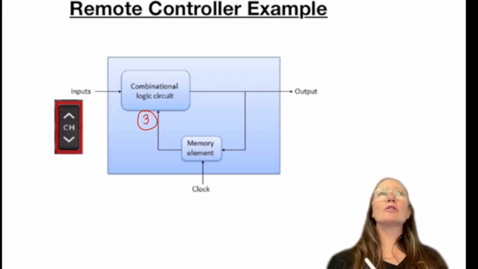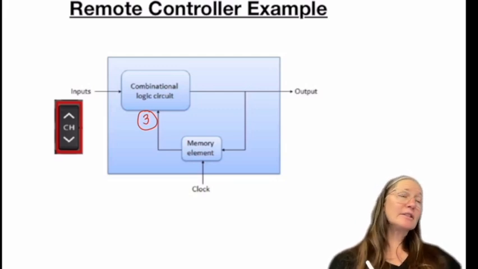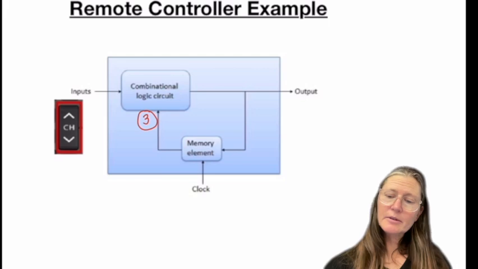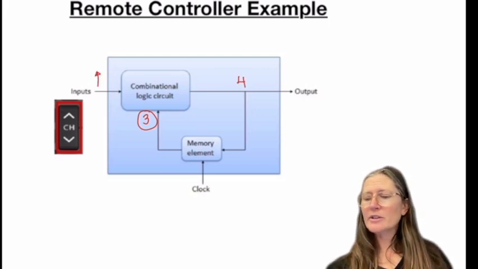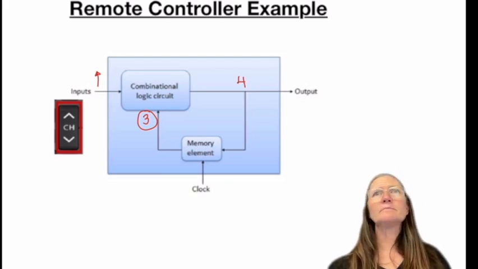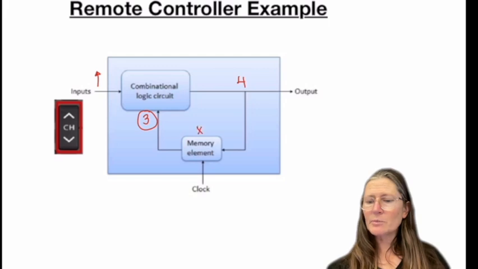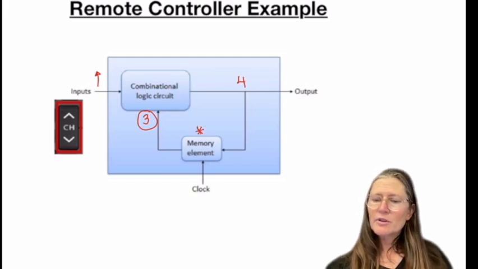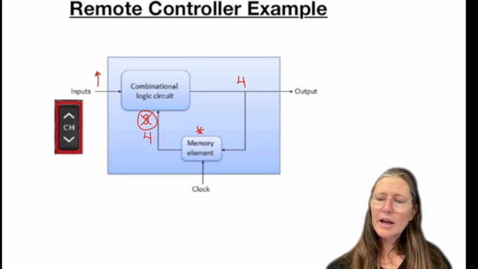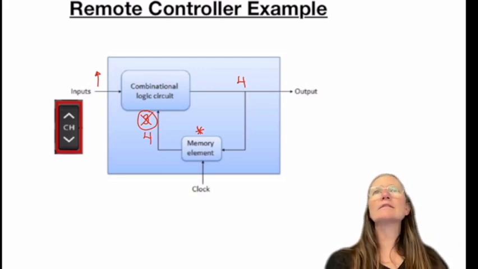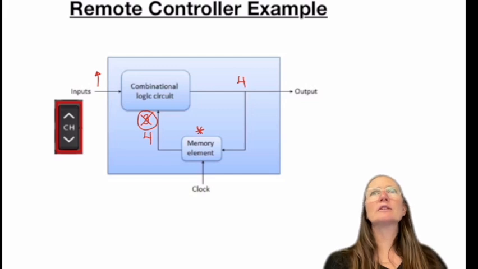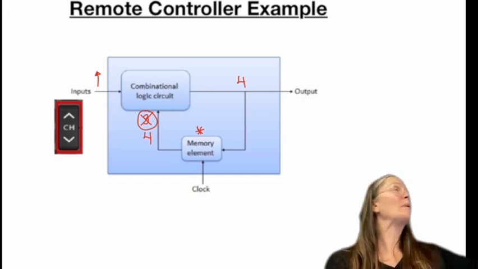So if I was on channel 3 and I click to go up, I expect it to go to channel 4, and then I want this element to know now it's 4, and it's going to store that information and keep it for a minute until I make another change.